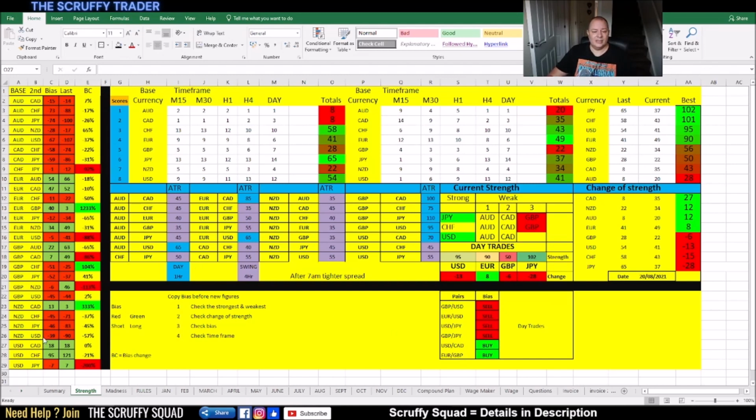And then this is telling you every single currency, and that is your current bias, the last bias, and then the bias change. And what you're looking for is two colors to be the same to continue a trend. But what you are also looking at is this change.